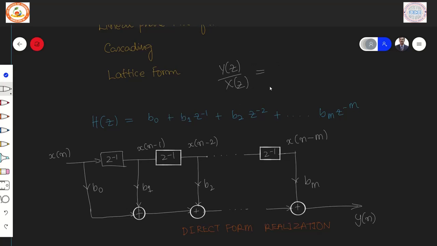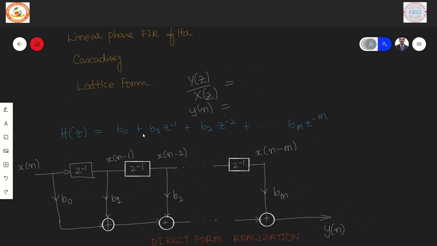Cross multiplying and taking the inverse z transform will give you the difference equation, which is y of n equals, okay, let us write the steps.